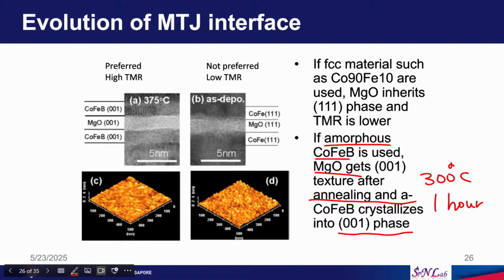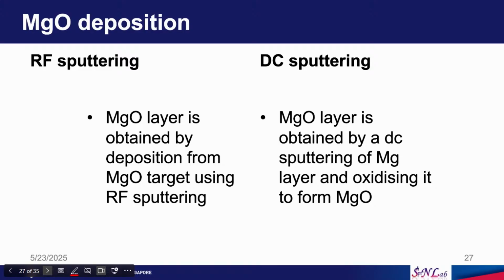Okay. So, the boron will go away, finally, you will have cobalt iron 001 phase. Okay. So, this is the procedure followed in the industry. So, for the industry production, there are two types of magnesium oxide deposition.